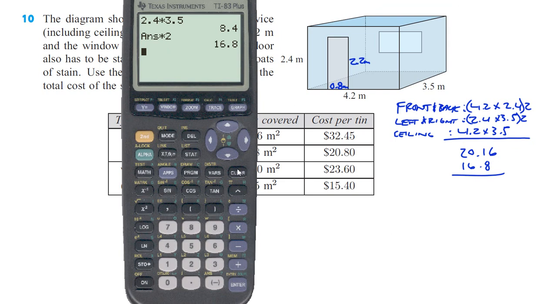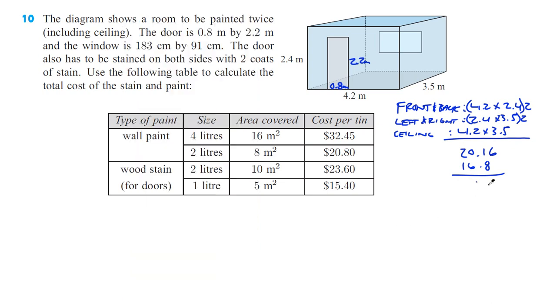And then the ceiling is going to be 4.2 times 3.5, which is 14.7. So then we add those all up.